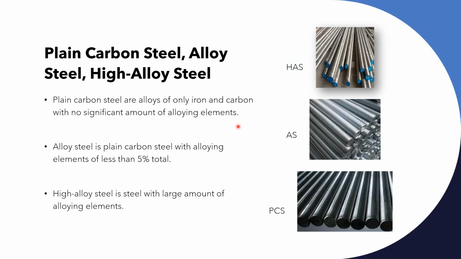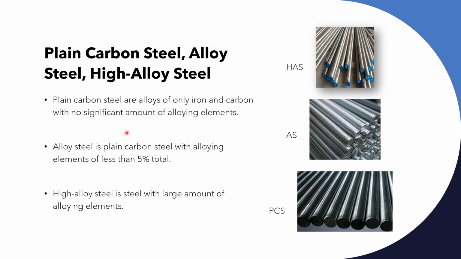Then we're gonna get into plain carbon steel, alloy steel, and high alloy steel, okay? They're kind of different, but you can't differentiate them because they all look alike. How do we differentiate? We read the engraving, or sometimes they have a tag. Usually it's printed on the product.